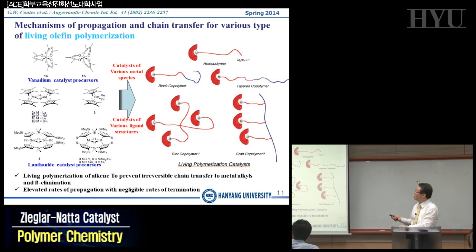And this was a review paper on the living olefin polymerization systems, and what they call this as a living polymerization, because the catalyst is alive, so that you add your monomer systems into here. So it's more like an anionic polymerization system, which is called the living polymerization systems. And therefore, this was a very interesting system called the living olefin polymerization systems.